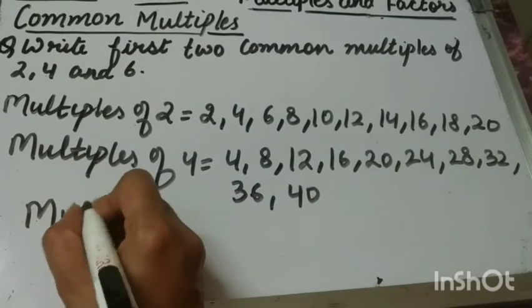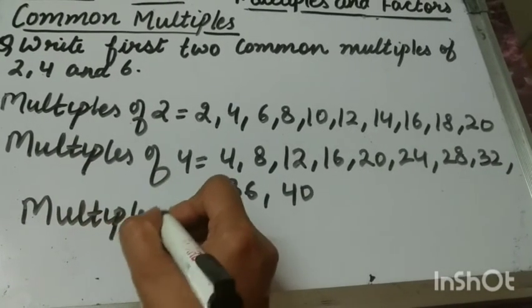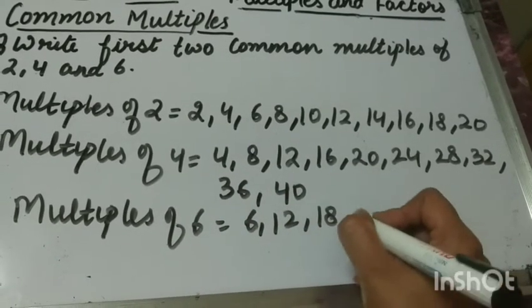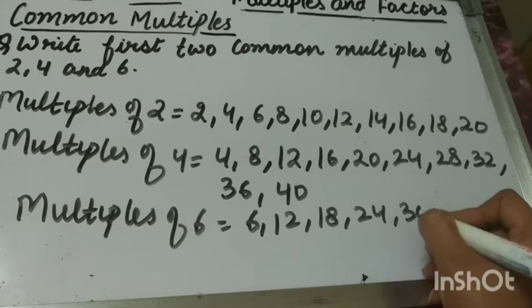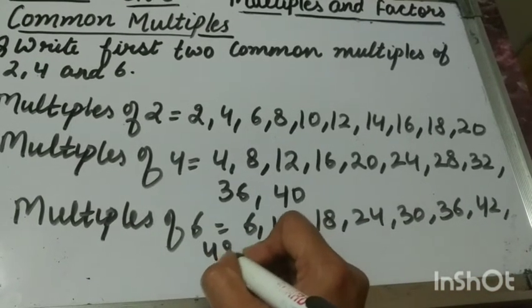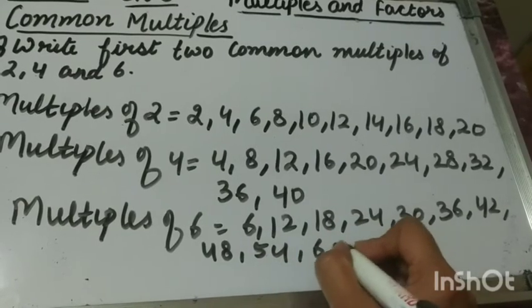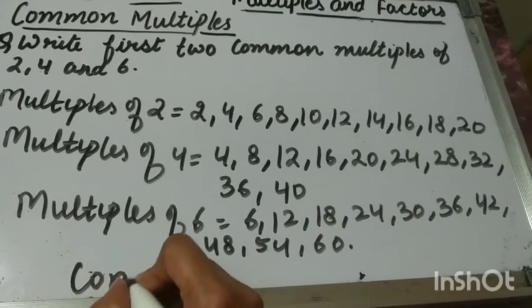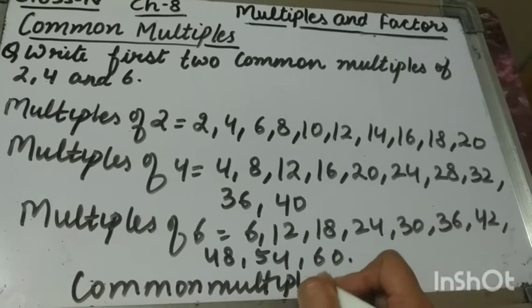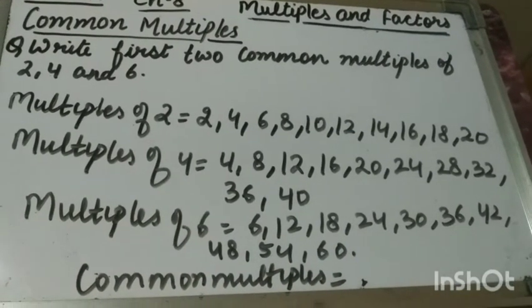And multiples of 6 are 6, 12, 18, 24, 30, 36, 42, 48, 54 and 60. Now we have to write the common multiples, and we have to write only the first two common multiples.